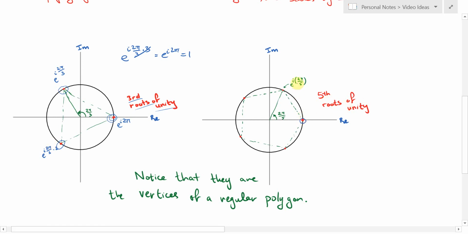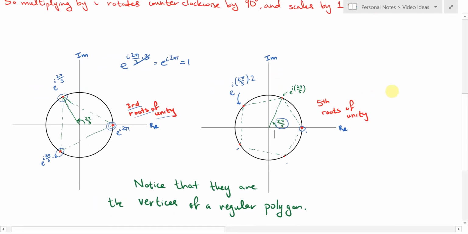There's 1, there's e to the i 2 pi over 5, e to the i 2 pi over 5 times 2 is right here, times 3 would be here, times 4, and times 5 takes us back to just e to the i 2 pi, which is 1. Notice that they're evenly spaced at an angle of 2 pi over 5, and again they all fit on a regular polygon, this time a regular pentagon.